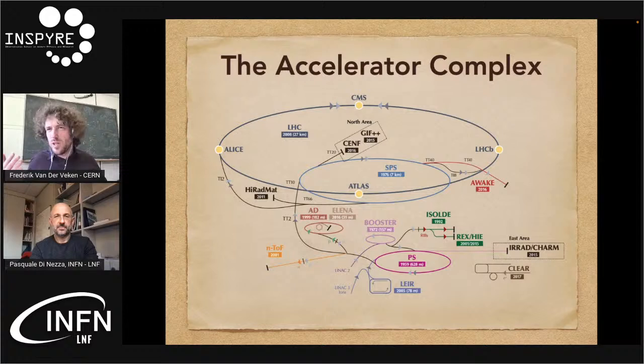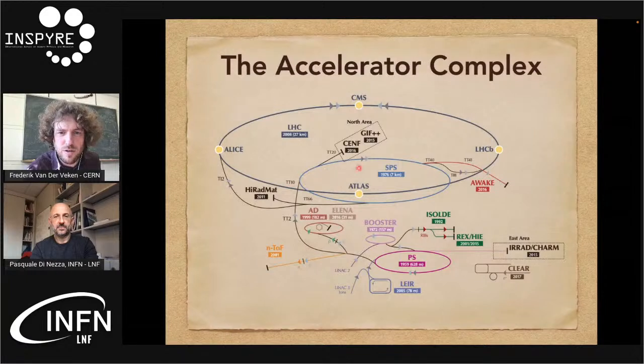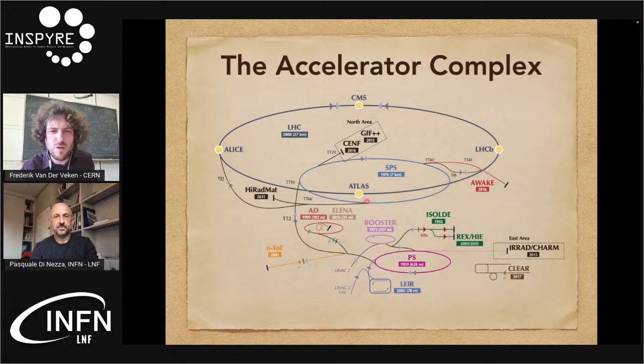Between these bunches you have some major openings, what we call gaps. Whenever you inject something, for example from PS to SPS, you do a whole set of bunches, but then you're breathing. PS is now preparing new ones while these ones are waiting, and you need to time it nicely.